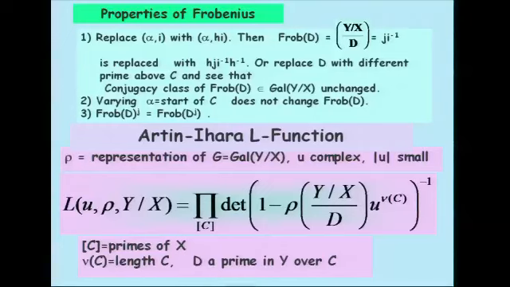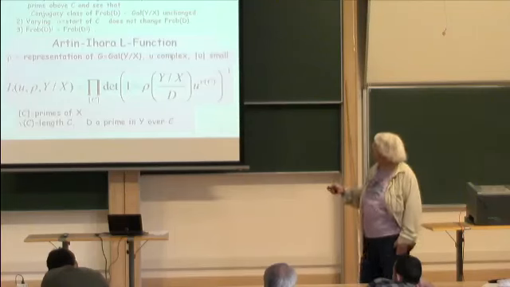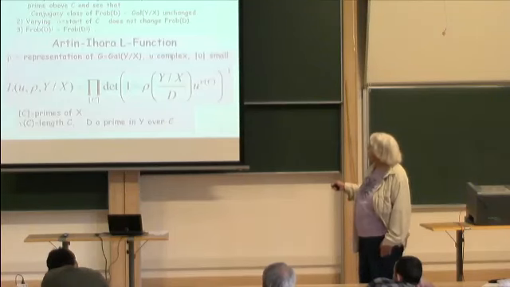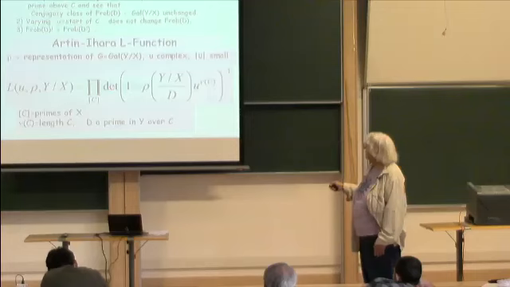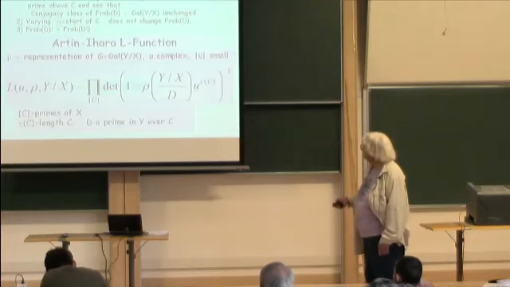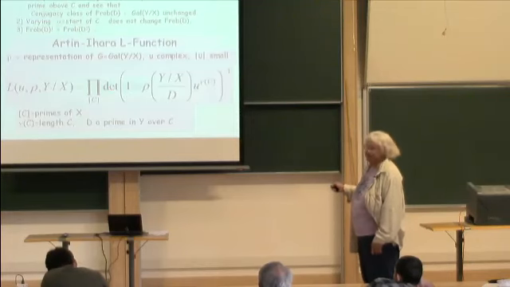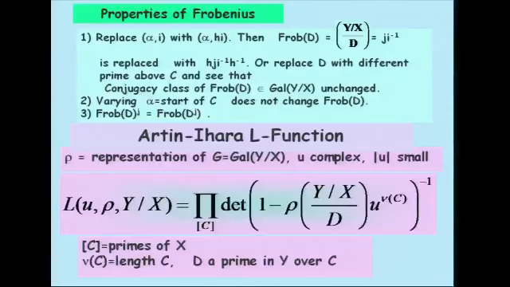I take rho of the Frobenius of a prime above, and again, this is not defined except up to conjugation, unless I use normalized Frobenius. That doesn't matter because I'm taking a determinant. And Frobenius is a homomorphism, and so rho is a group representation. So conjugates come out.